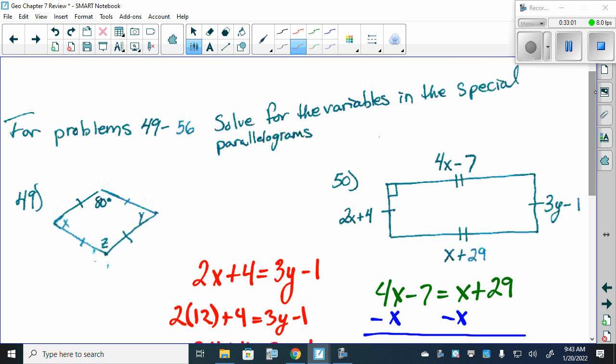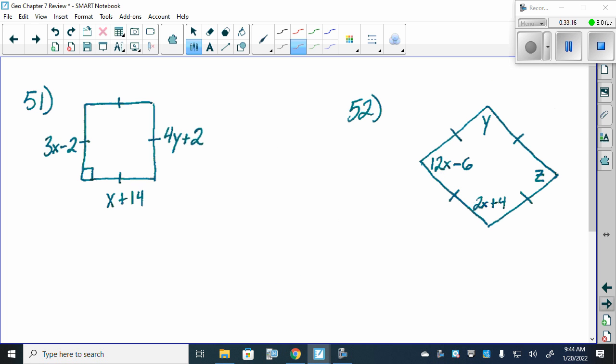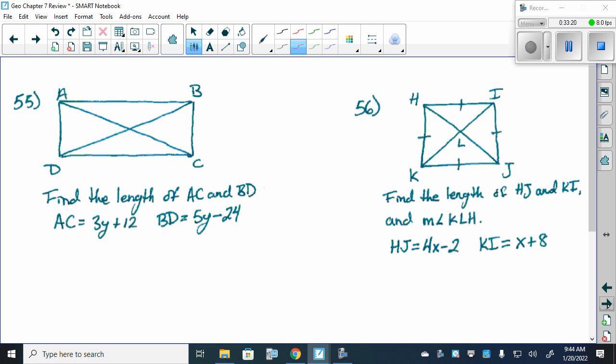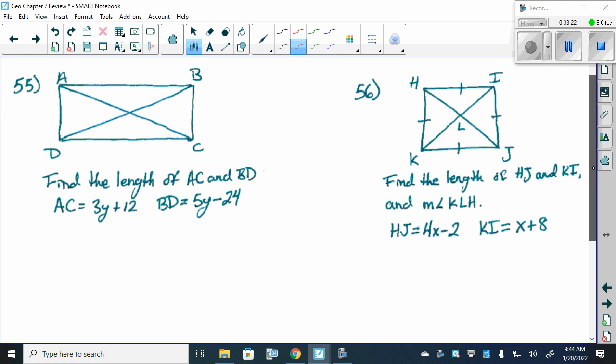So any other questions on 49 through 56? So 49, 50, 51, 52, 53, 54, 55, or 56? Or 55.